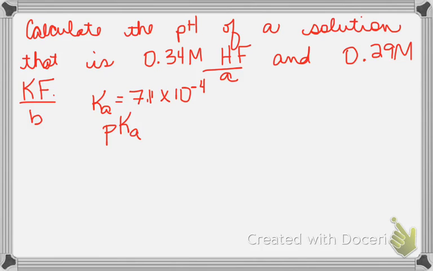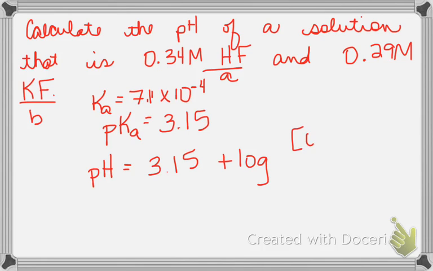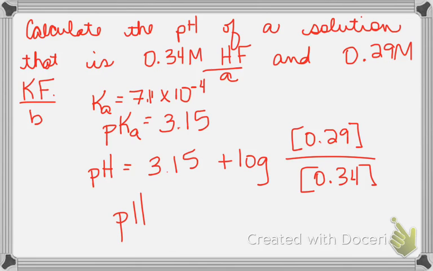The pKa, which is the negative log of that, is basically 3.15. And so then I plug that into Henderson-Hasselbalch. The 0.29 is the base, 0.34 is the acid, and I solve and get 3.08 for my pH.